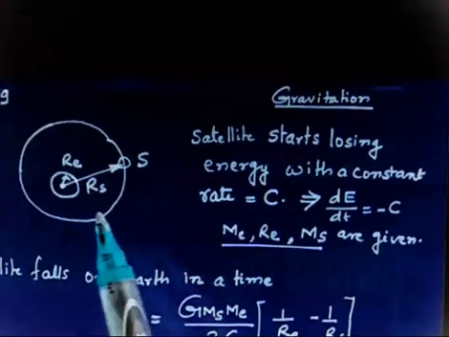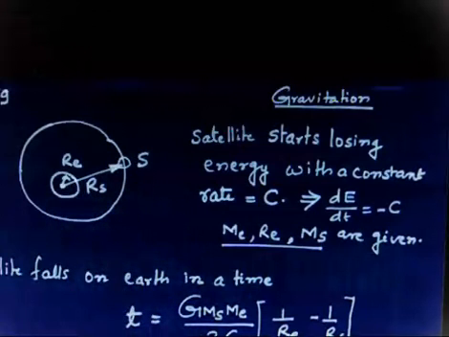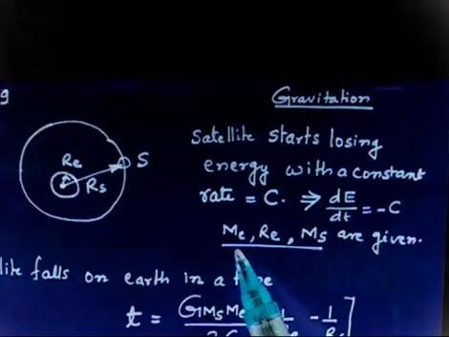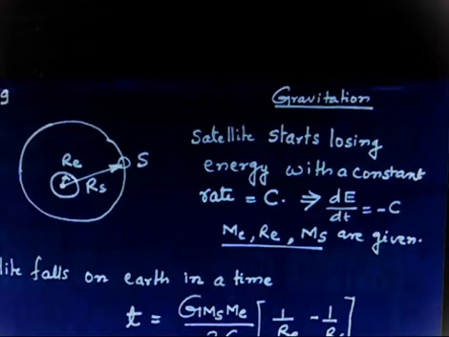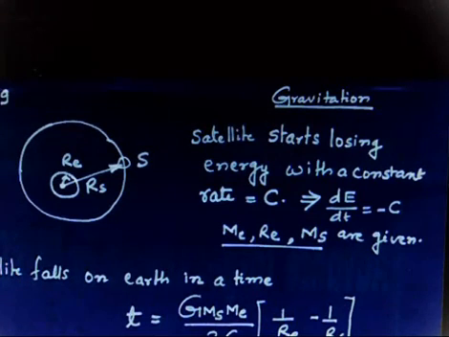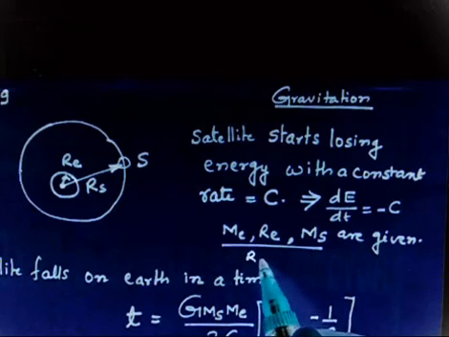You have been given rs and re. The mass of earth is also given, the mass of satellite is also given. ms is the mass of satellite, M is the mass of earth, and re is the radius of earth, and rs is the radius of the circular orbit. So these are the things that are given to you.